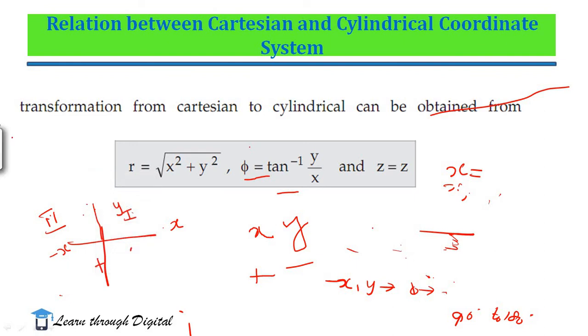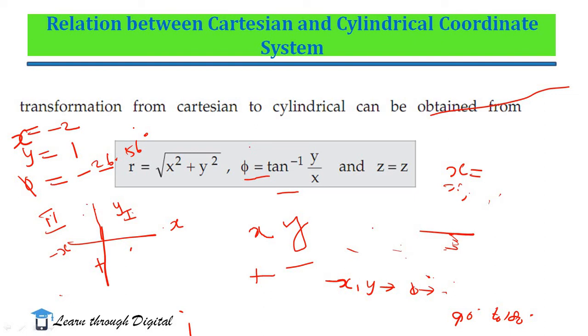Let us consider x equal to minus 2, y is equal to 1. Then phi is equal to tan inverse y by x, that means tan inverse 1 by minus 2. The actual value is minus 26.56 degree. But it should be lying between minus 180 degree and minus 270 degree or plus 90 degree to 180 degree.